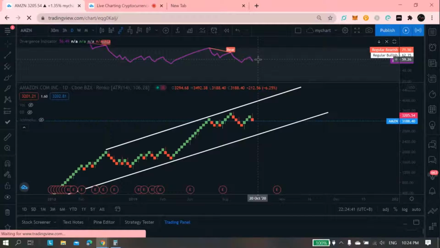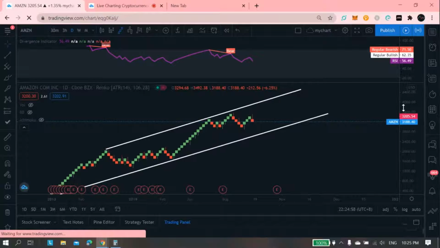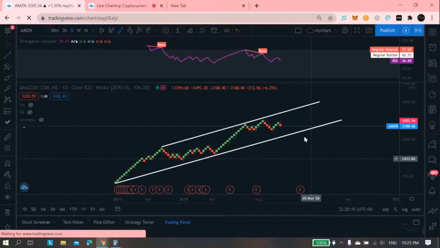Currently, the divergence indicator is going down, but it's already below the regular bullish 62.35. So there seems to be a possible surprise, because the previous RSI is at this 62 area. So I think that's it.